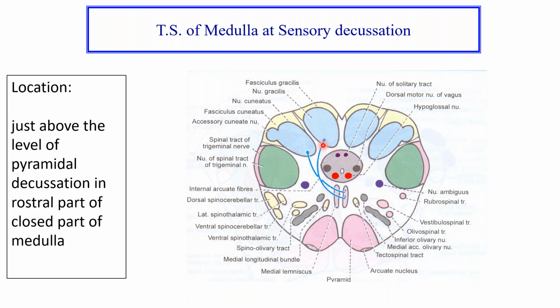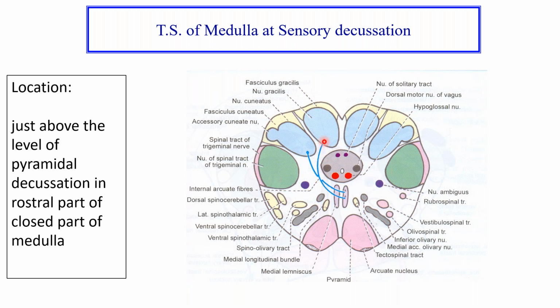Now this part we have already done in detail during the ascending tracts. The fibers of fasciculus gracilis terminate at the nucleus gracilis level, and from this the fibers turn ventromedially. Remember, motor decussation went dorsolaterally, whereas sensory decussation goes into the more anterior and medial plane.